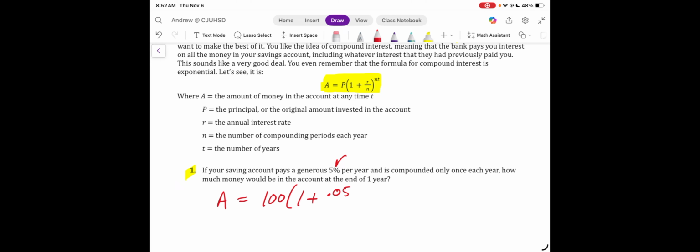So we had to change this to its decimal form, divided by 1 compounding to the power of 1 compounding times 1 year. So essentially that's just 100 times 1.05. Should be 105. All right, let's put a dollar sign on it. And no cents. So that would be very simple interest, probably the least amount of money you could make.